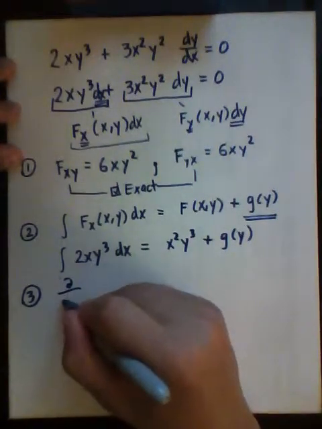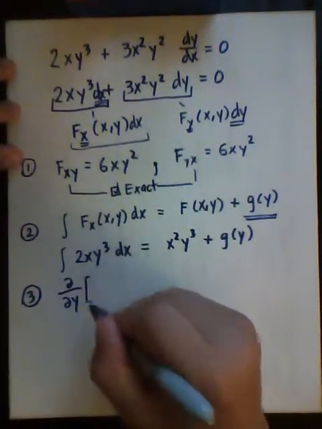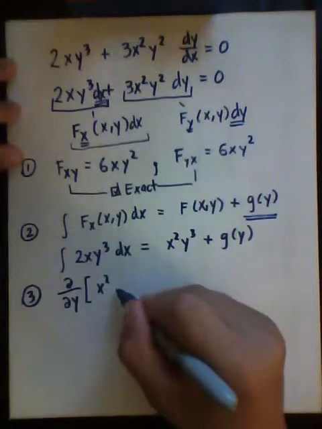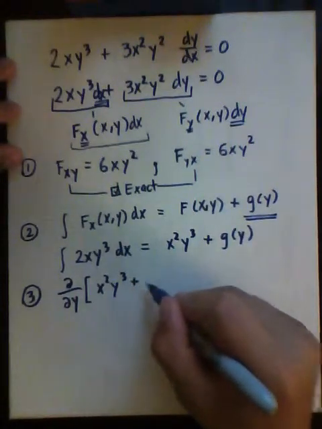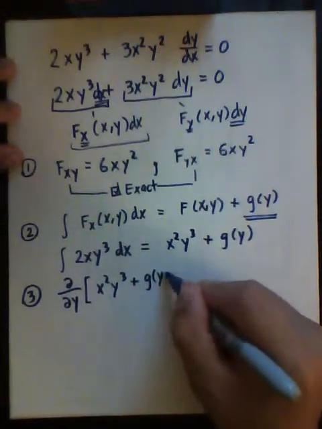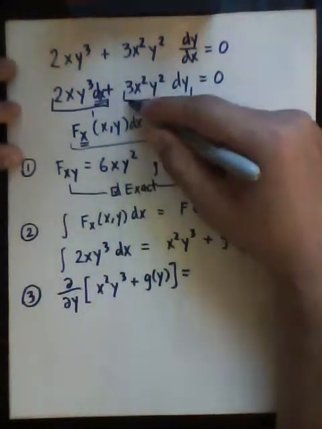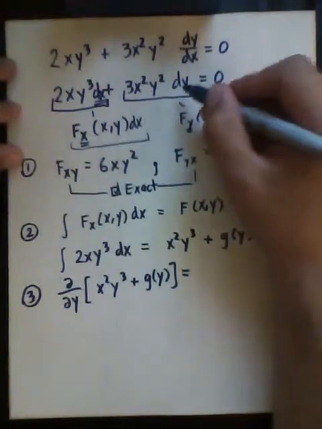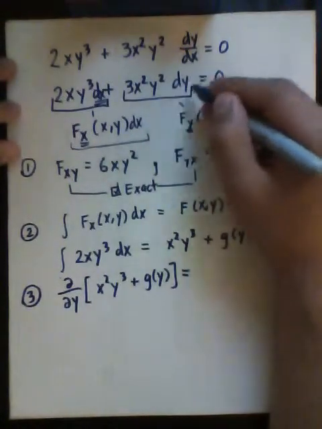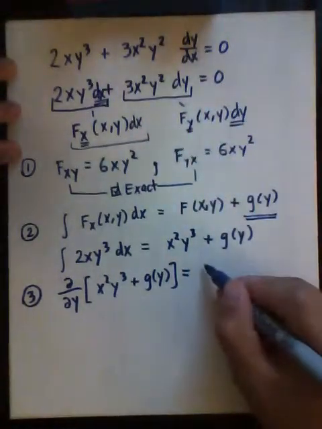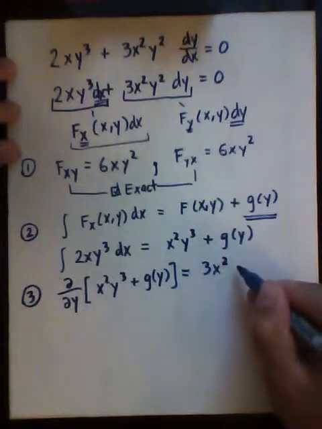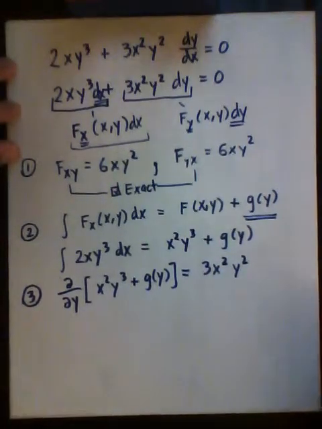We'll take its partial derivative with respect to y of x squared y cubed plus g of y, and set that equal to the partial derivative in our total differential, which was 3x squared y squared.